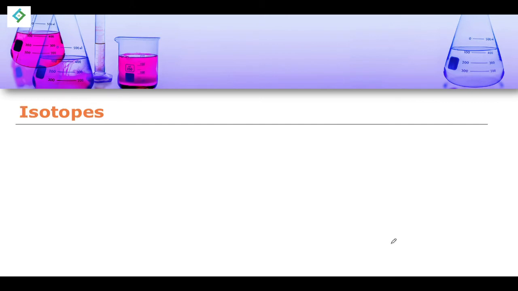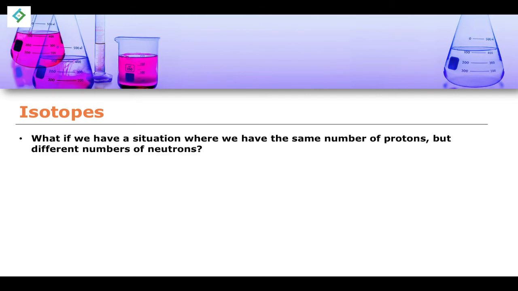Now, this brings us into question the idea of isotopes, because isotopes are quite an interesting logical consequence of this mass number determination. What if we have a situation where we have the same number of protons between two different atoms, but they have different neutrons? What happens then?